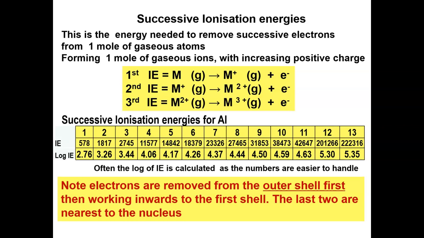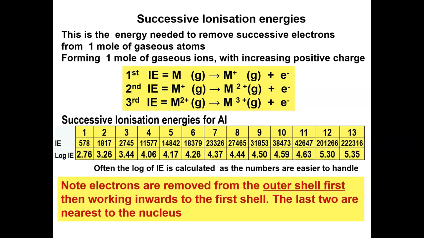Remember, when we do successive ionizations, we are always working from the outside inwards. So the last two electron removals are always the 1s2 and 1s1 electrons closest to the nucleus. So no wonder the ionizations will always increase.